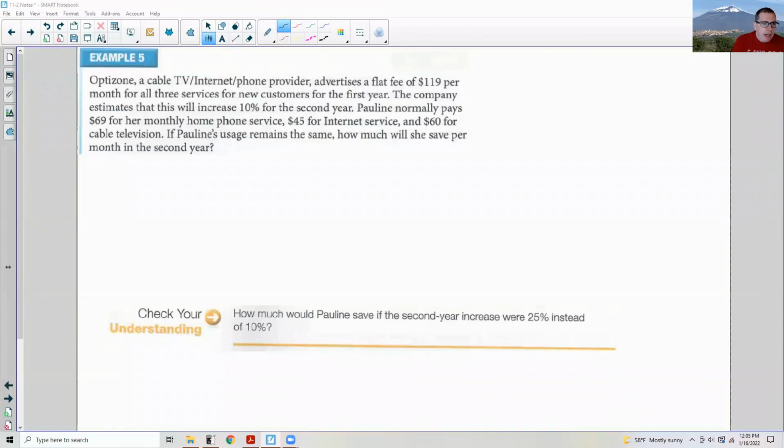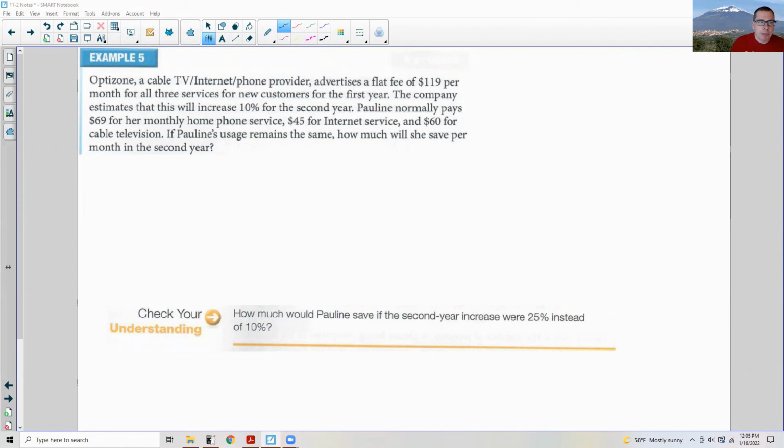Okay, example 5. We're talking about a woman. What's her name? Pauline. Pauline has a company that she uses right now for her electronic services. Optizone, a cable TV internet phone provider. I can see the commercial now. Advertises a flat fee of $119 per month for all 3 services for new customers for the first year.